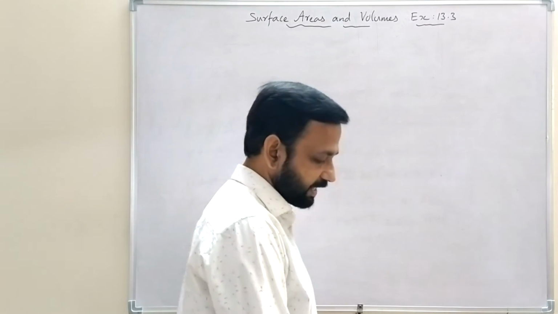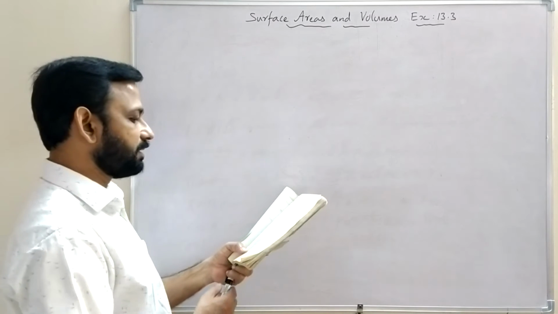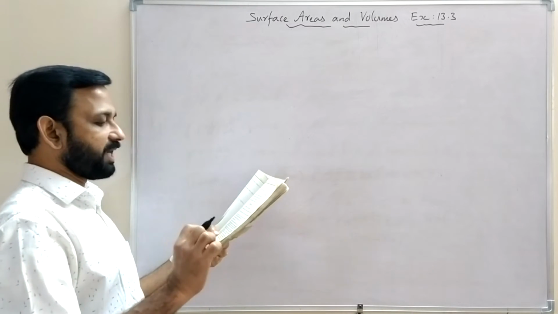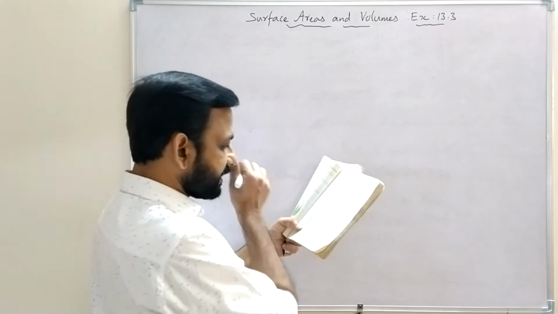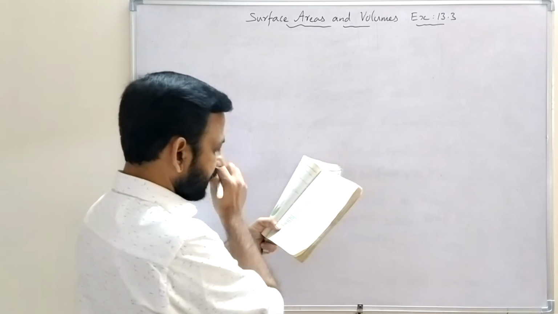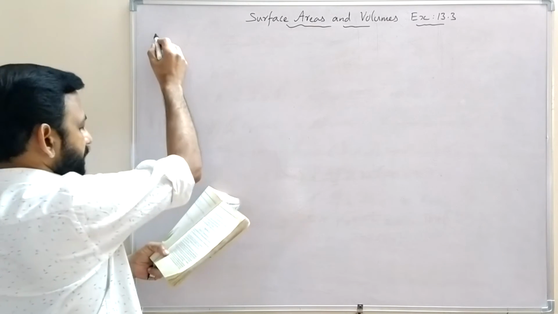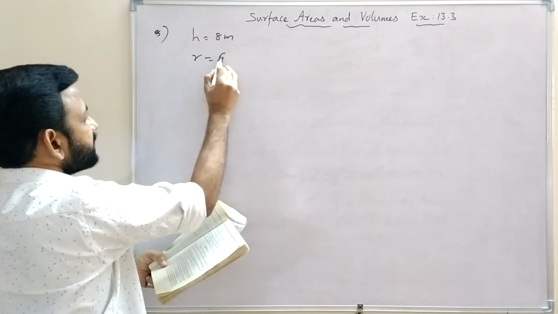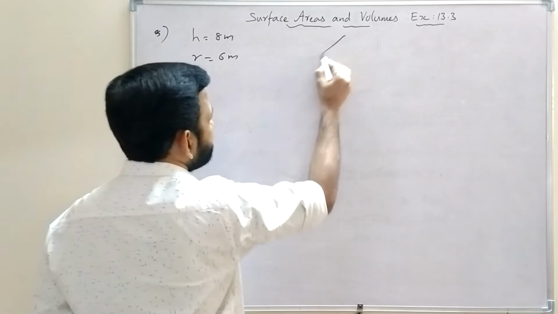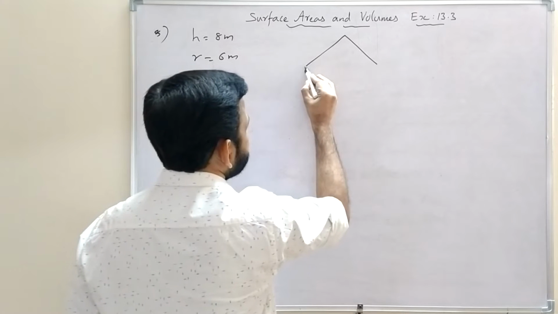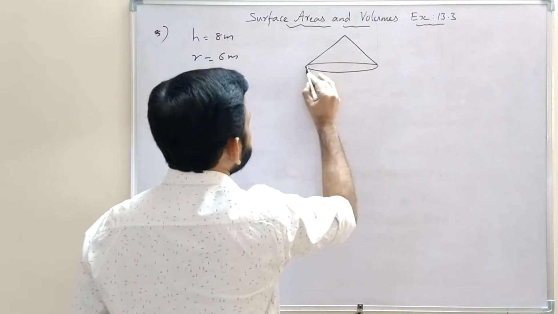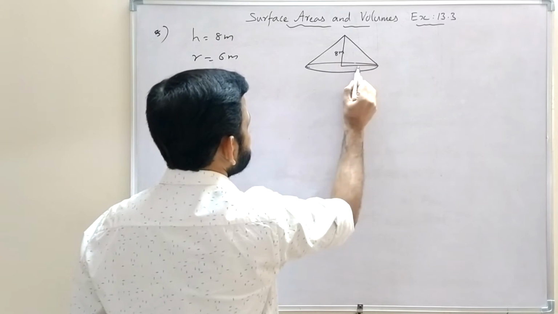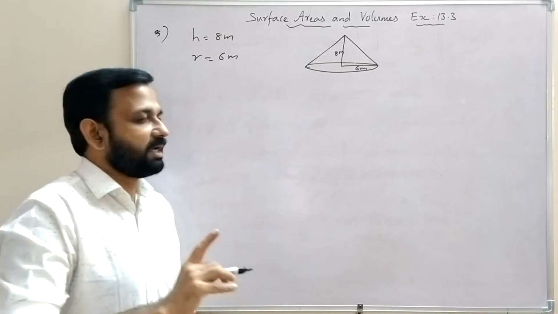So the dimension of the tent is given. The length of the tarpaulin 3 meter wide will be required to make a conical tent of height 8 meter and radius 6 meter. Question number 5. Height 8 meter, radius 6 meter, and we are going to make a conical tent by using a tarpaulin sheet.